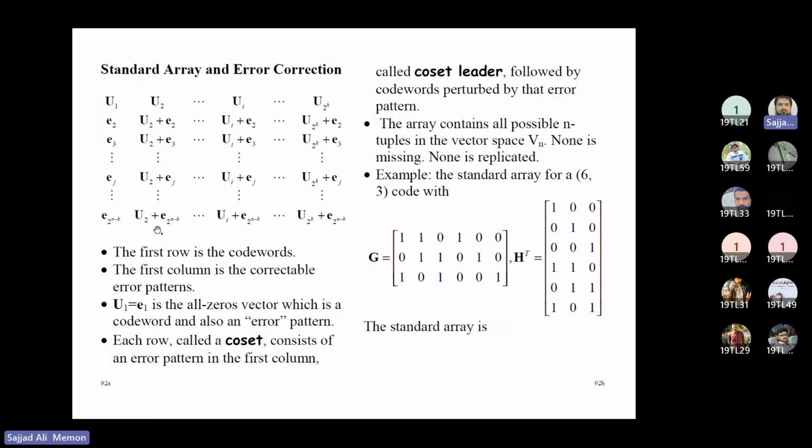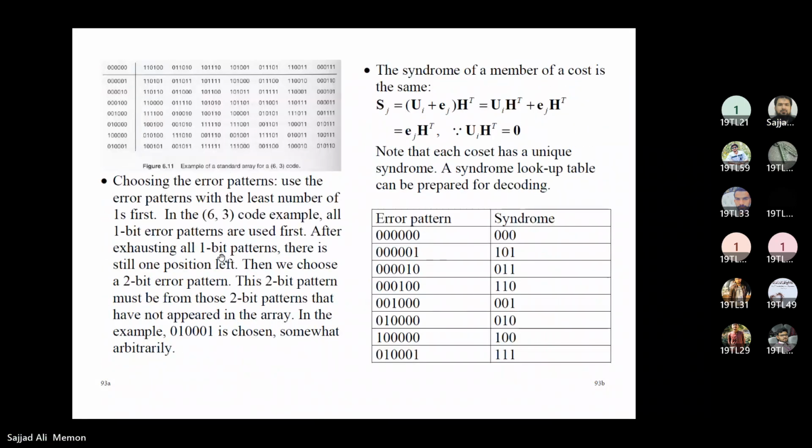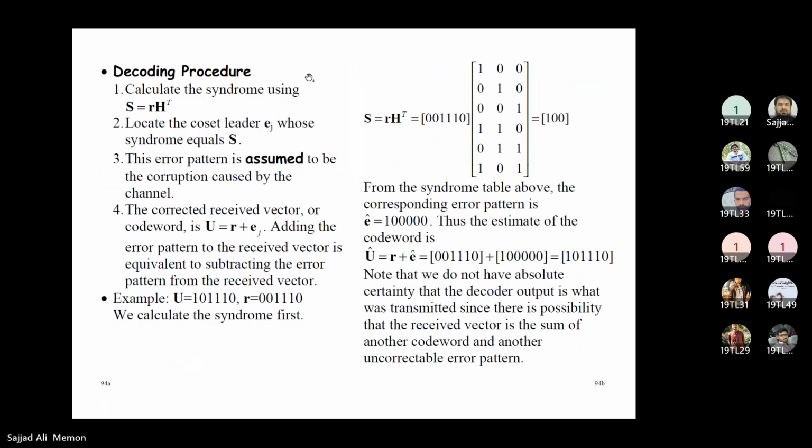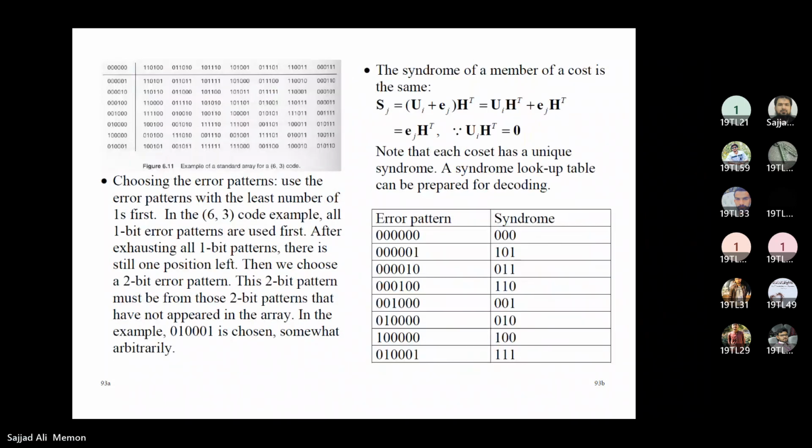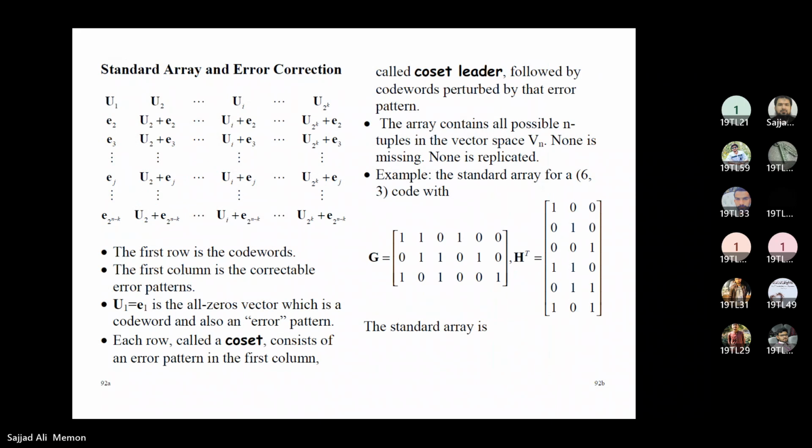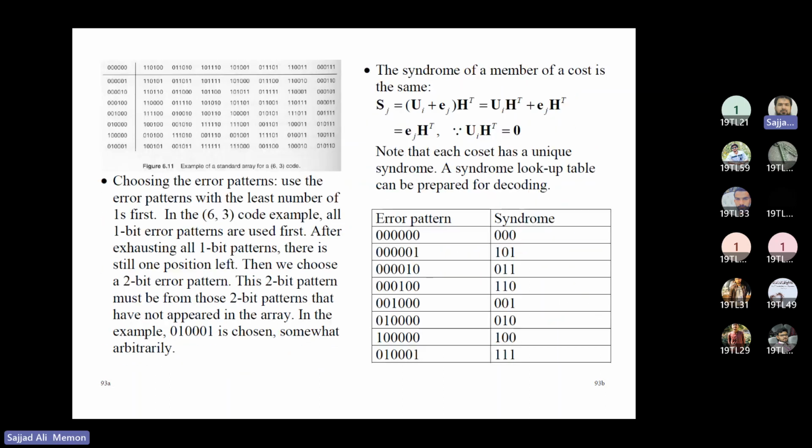So in that, the first row is the code words. These are the code words. The first column is the correctable error patterns. So these are the correctable error patterns.